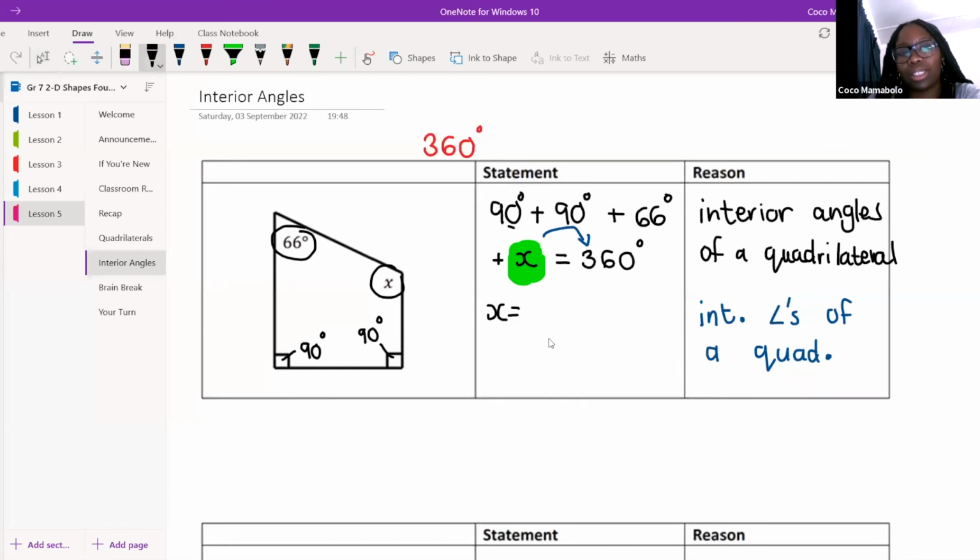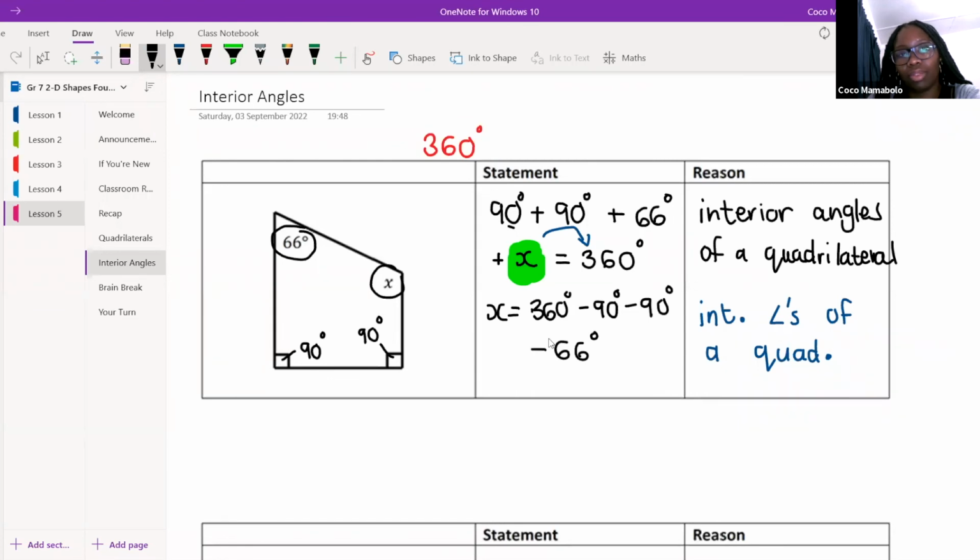Okay, I'm going to put it in a way that you'll remember quickly, Roland. Just give me one second. So if I take everything over to the other side of the equal sign, I'm going to have 360 minus 90 degrees minus 90 degrees minus 66 degrees.